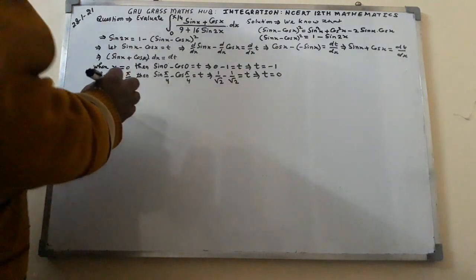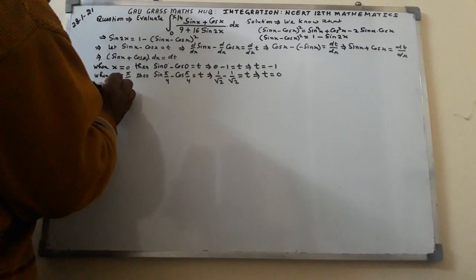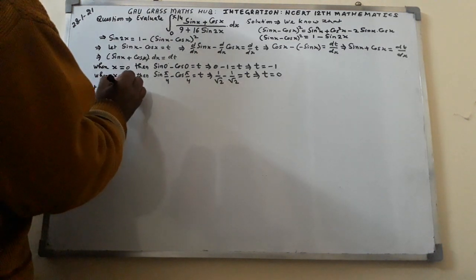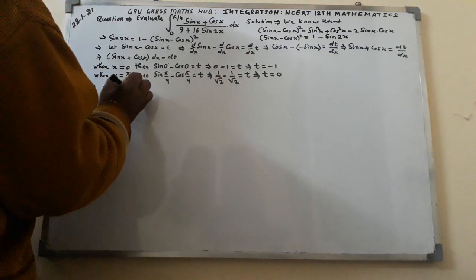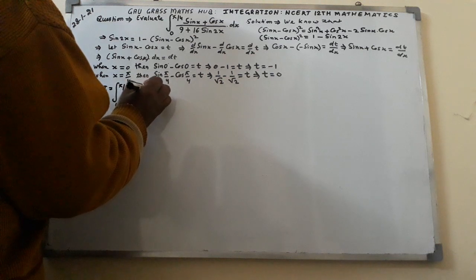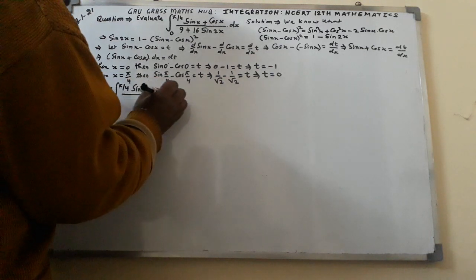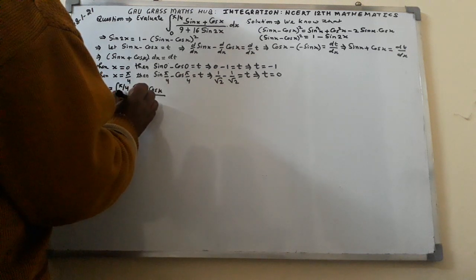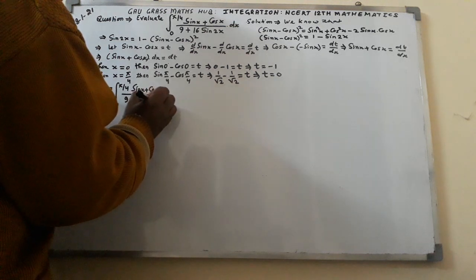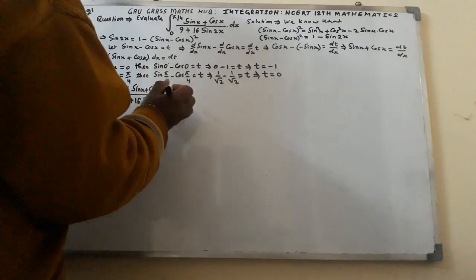So here again I shall write, let I equal to integral 0 to pi by 4 of (sin x plus cos x) over (9 plus 16 sin 2x) dx.